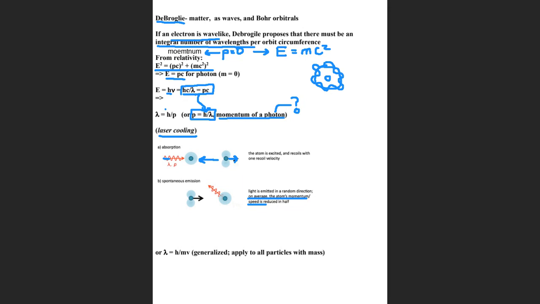Well, if you believe that lambda equals h over p is some sort of rule in general, and you remember that p is mv from physics, you could write down this formula about wavelength for anything with mass.